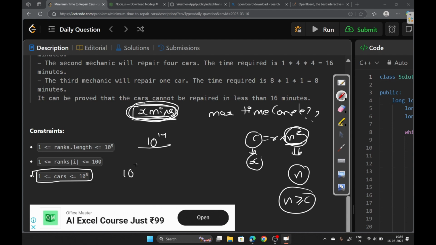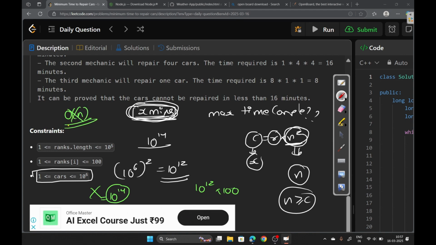So 10 raised to 6 square is equal to 10 raised to 12. And here we also have to multiply rank on each and every mechanic. So in worst case, the time complexity can go up to 10 raised to 12 cross 100, which is 10 raised to 14. It is never acceptable because 10 raised to 14 is quite a large time complexity. So we know we can't solve this problem in O of n.